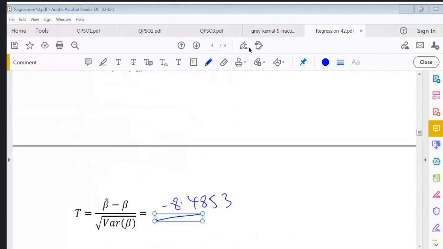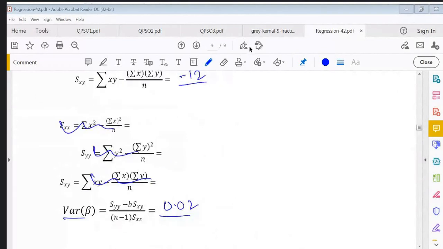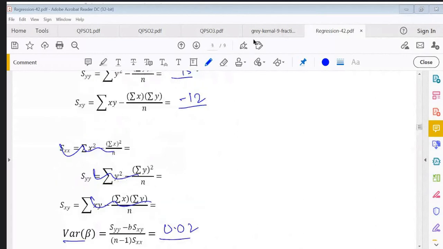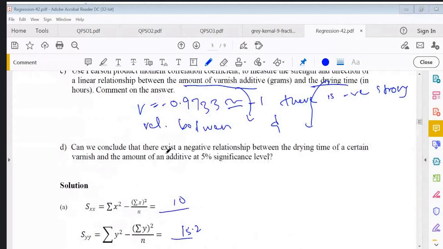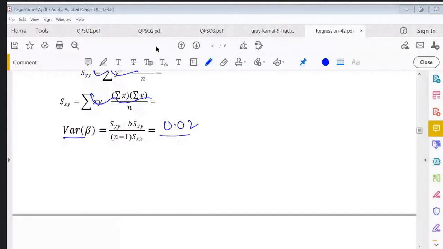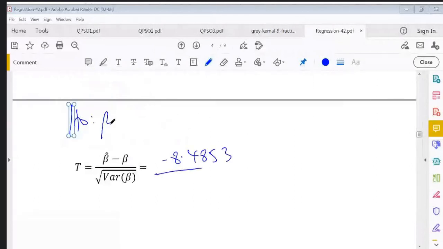For the hypothesis, look at the question. Can we conclude it's negative? For this one, it is a negative relationship. The hypothesis is H0: beta is 0 against H1: beta less than 0. For this one, no need to divide by 2.